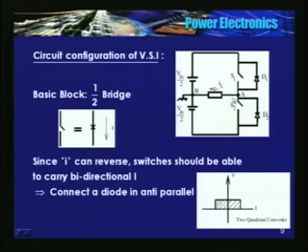That can happen when S1 is on or D1 is on. Remember, the potential of this point is the same as the potential of this when S1 is on or D1 is on.